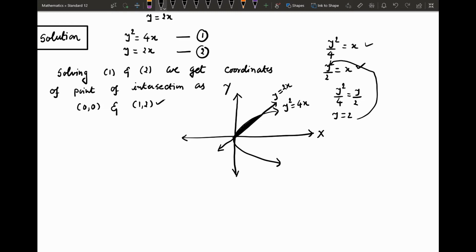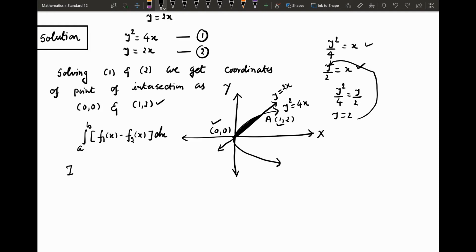So according to the formula, the area is the integral from A to B of f1(x) minus f2(x) dx. Here the limit is 0 to, with coordinates A at 1, 2, so 0 to 1.